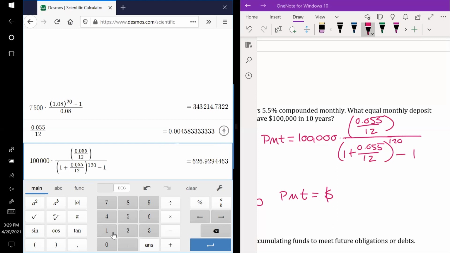And in order to have $100,000 in 10 years, we need to deposit $626.93 every month.